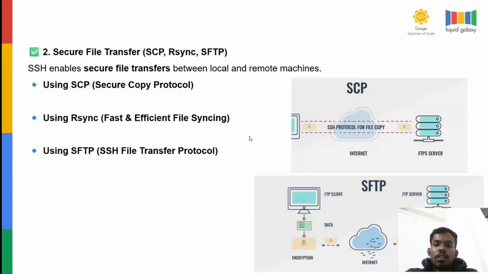The next one is rsync. It is a faster and more efficient way to sync files because it only transfers the parts that have been changed, reducing data transfer time. The next one is SFTP, which stands for SSH File Transfer Protocol, which provides an interactive way to browse, upload, and download files securely.